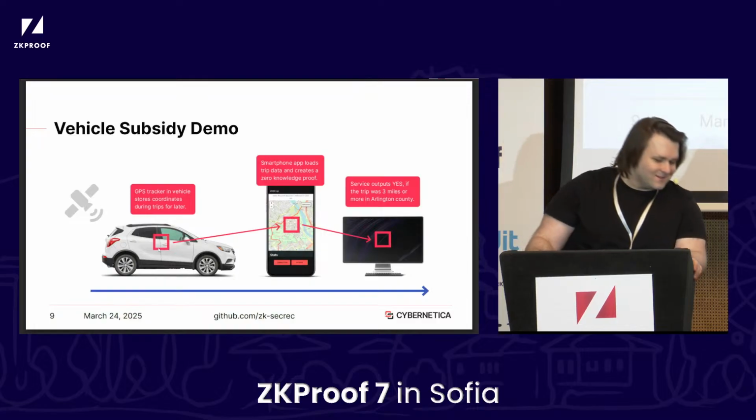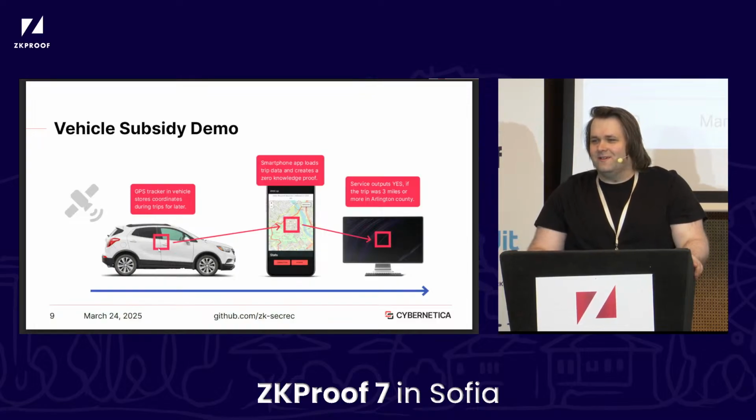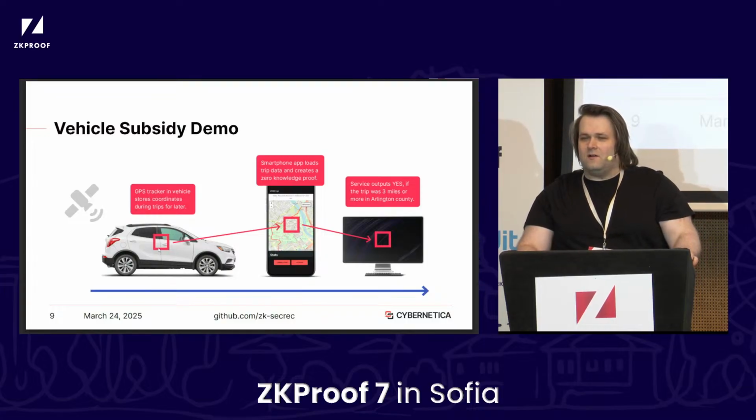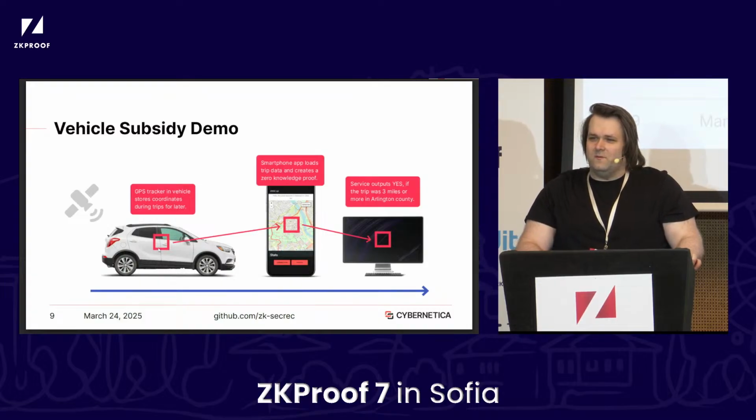In this case, it says Arlington because we did it for a specific event there, but the principle is the same. And one thing that is really cool here is that we got our runtime and integration with the Mac and Cheese protocol from Galois to work entirely within the phone. So they would download the coordinates and then execute everything on the phone, using the phone as the prover.